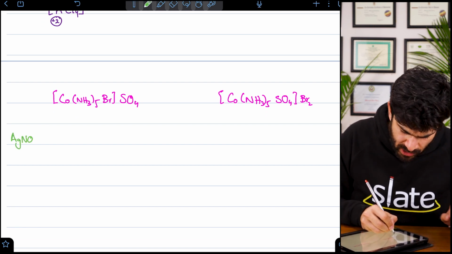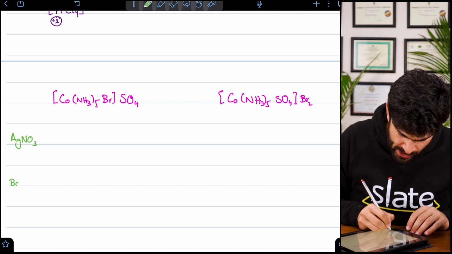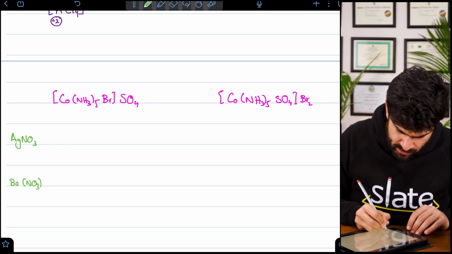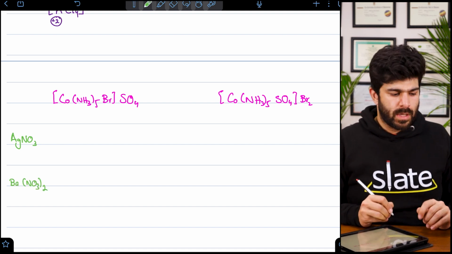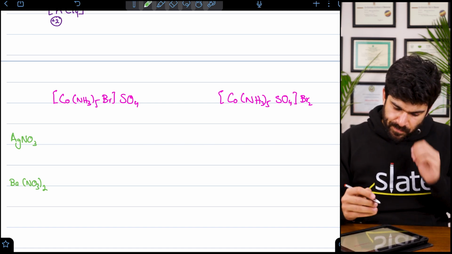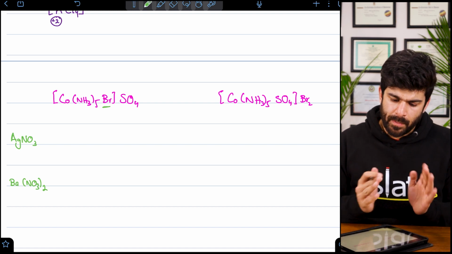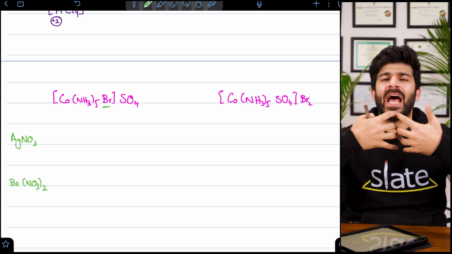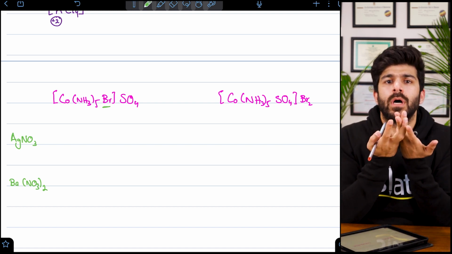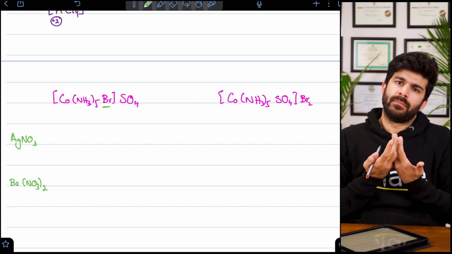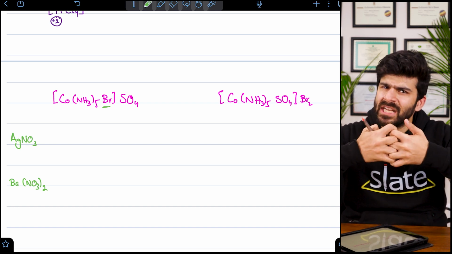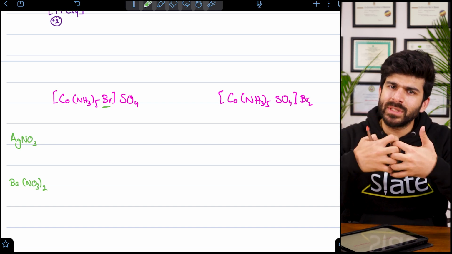Anyhow, so if we have these ones, we conduct both silver nitrate and barium nitrate tests on these, for instance. Now, in this case, we do have a bromide here. But bromide is locked inside. It has a dative bond with the metal ion. So it will not be easily freed. It's locked with the metal ion.